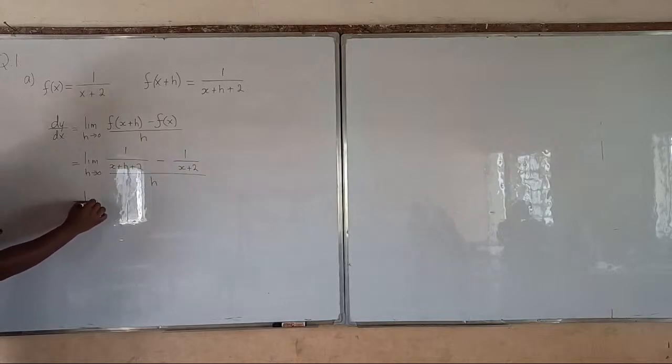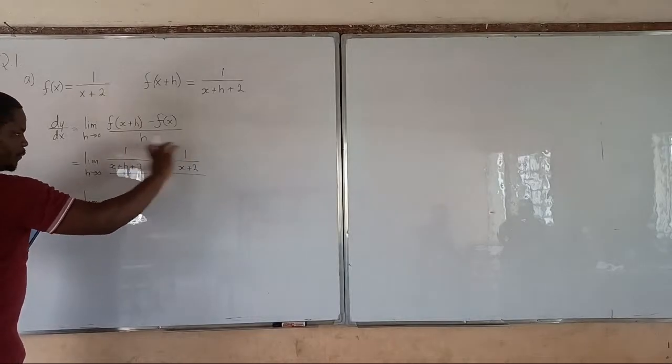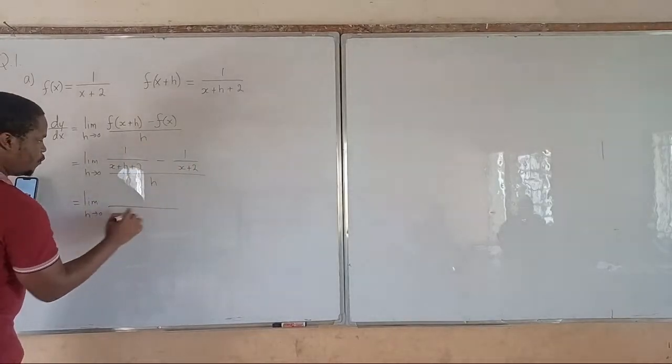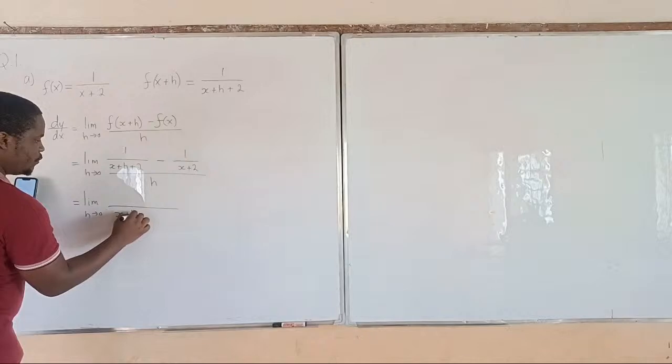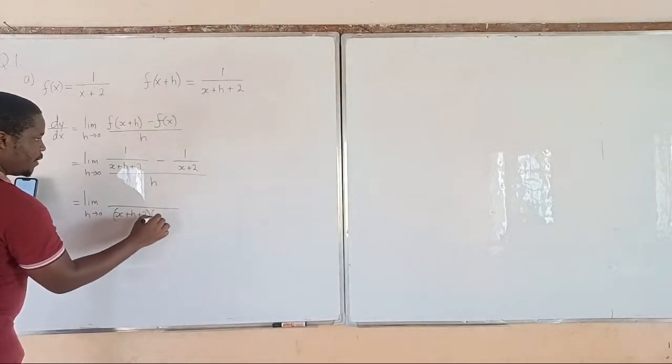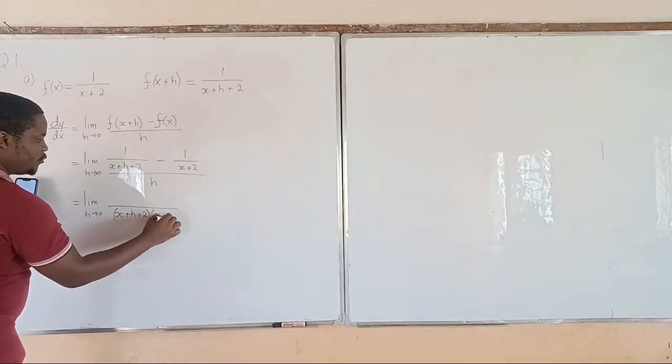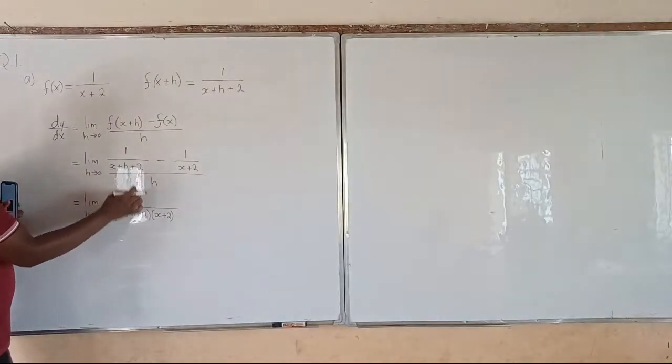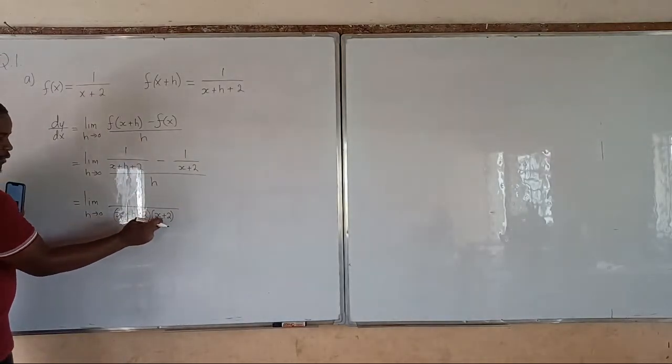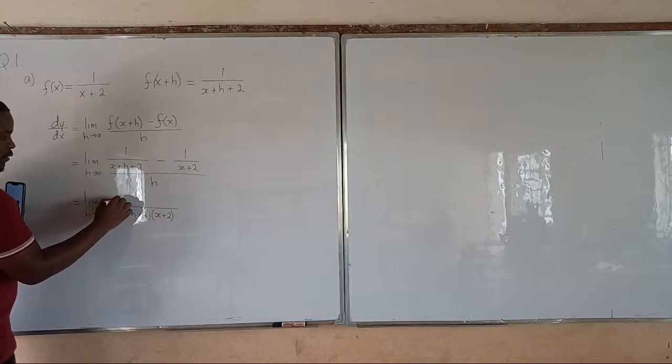The limit as h approaches 0, we're focusing on what is on top. So the LCM of the two will be x plus h plus 2 and x plus 2. If this goes into this, we get this. This times 1, we get x plus 2.